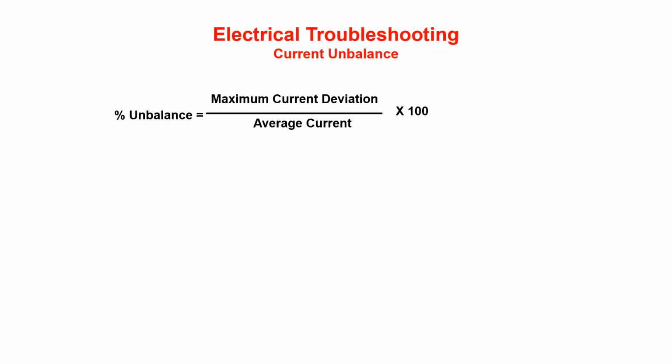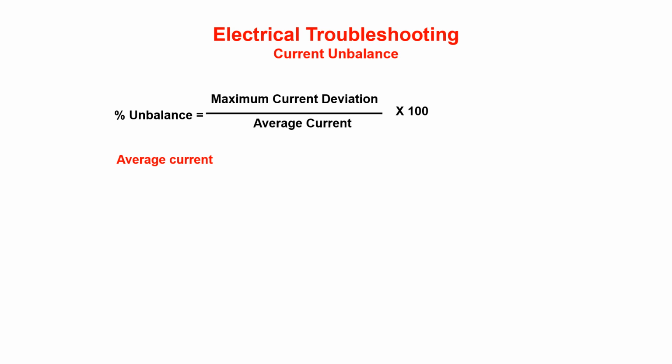The formula to calculate current unbalance is: percent of unbalance is equal to the maximum current deviation divided by the average current times 100. To calculate the average current, we add our three currents together and divide by 3.